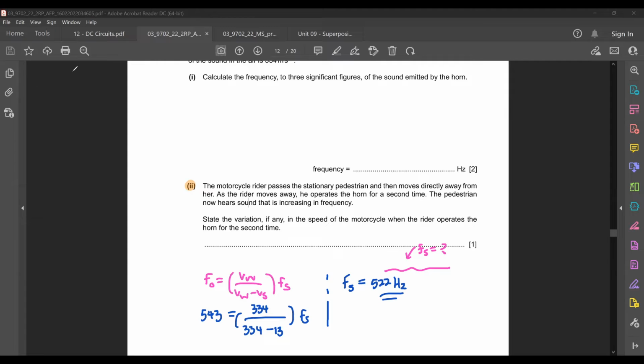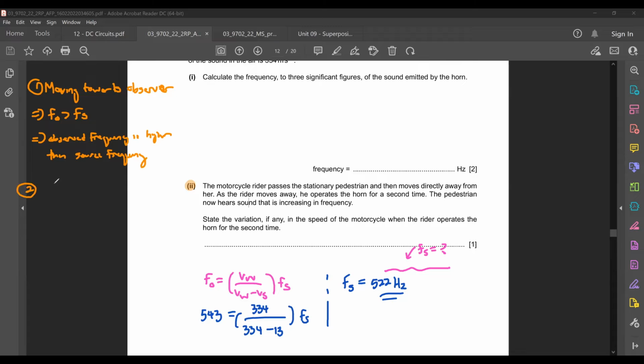The first thing that you guys would have learned last time was this. I mentioned to you guys before that when it is moving towards the observer, your frequency observed is more than your source frequency. Basically, what is happening here is that the observed frequency is higher than your source frequency.